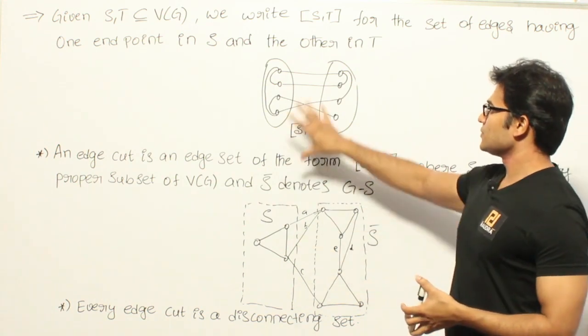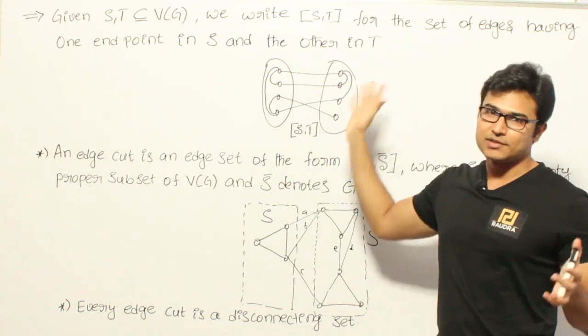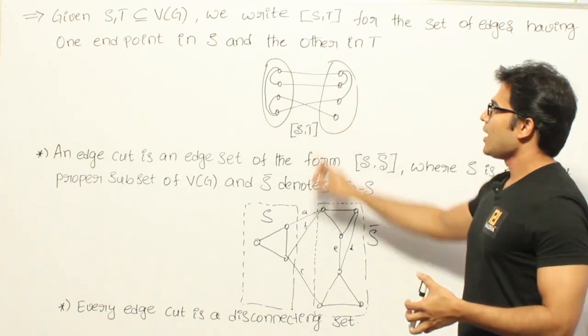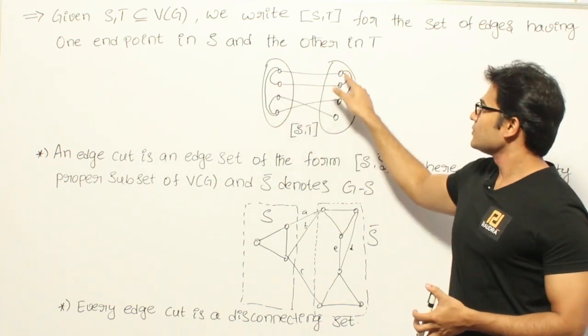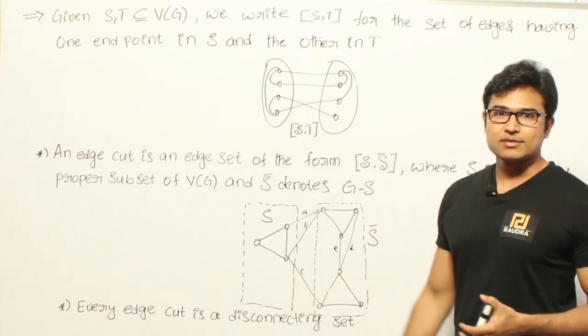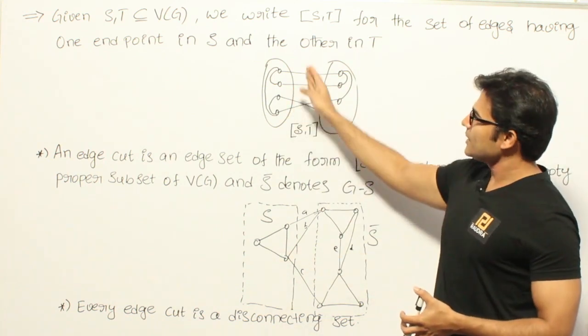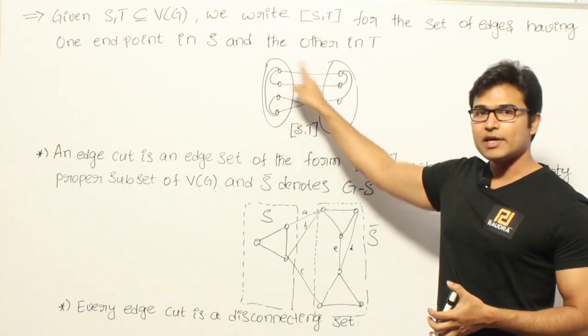What I mean to say is, assume that this is the graph. Don't assume these circles initially, assume that this is a graph. Now I'll put all these vertices in one set and all these vertices in the other set, and now if you look at the edges, they will either be completely within a set or they will be crossing over from one set to the other set.